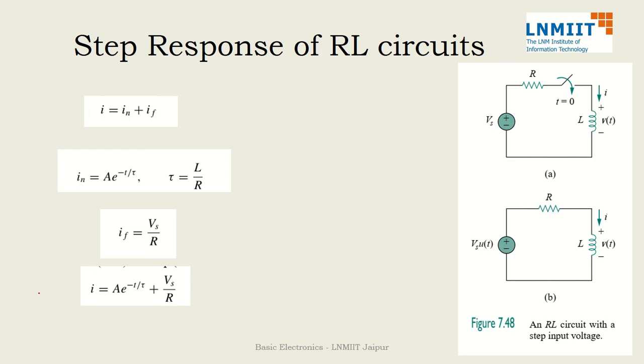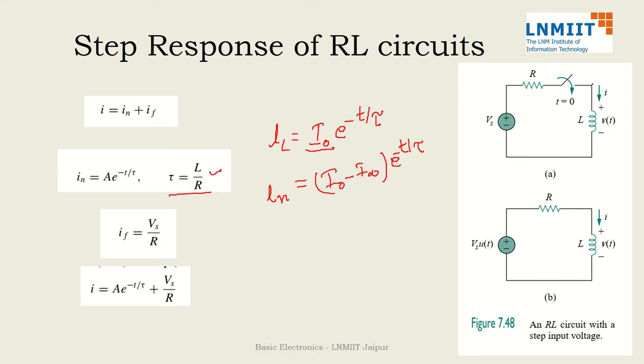So RL circuits, when we discussed without source, then we had a very clear concept that I am going to calculate the inductor current as I naught e raised to power minus t by tau, where tau is L by R. I naught is the initial current across the inductor, and I can also write this equation as I naught minus I infinity e raised to power minus t by tau, where I infinity in source free circuits is always going to be 0. So this is my equation for natural response.